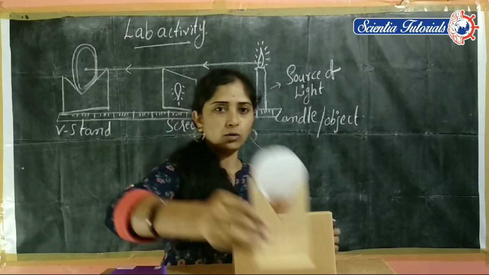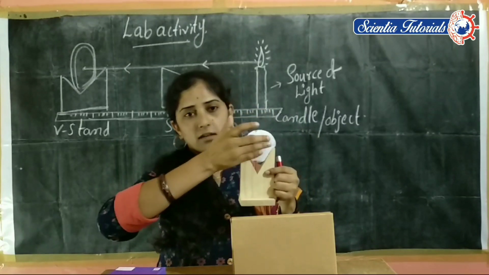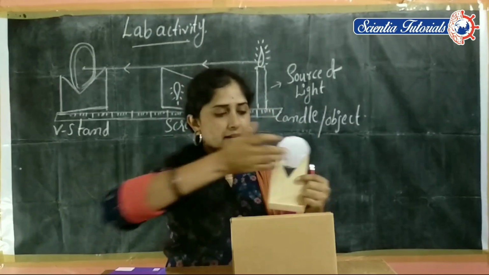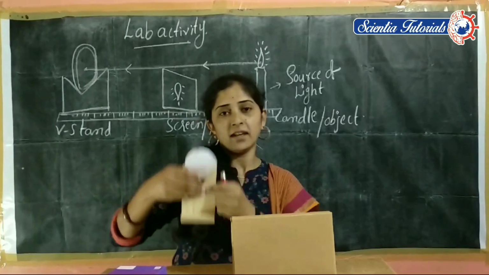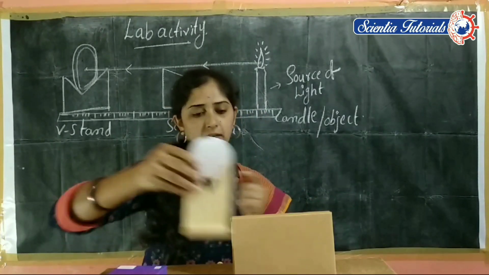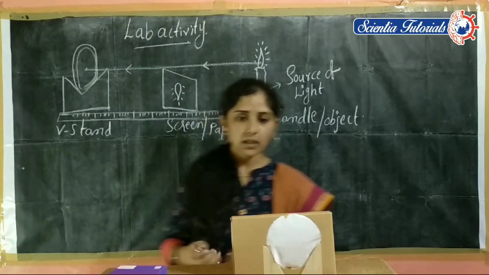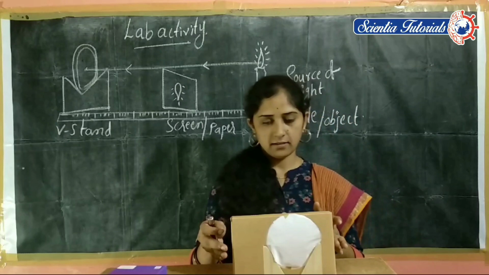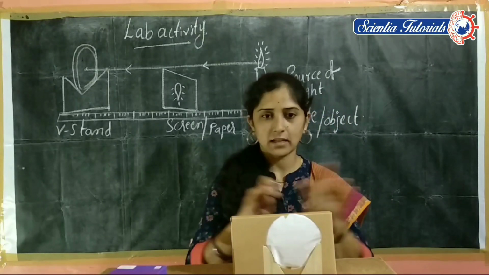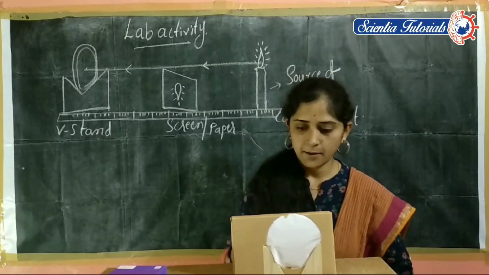Let me show this as a small activity. This is the V stand, and I have taken a watch glass and arranged it in this manner, and let me take it as a concave mirror. I am arranging the V stand here and a screen, nothing but a box, in front of the concave mirror.